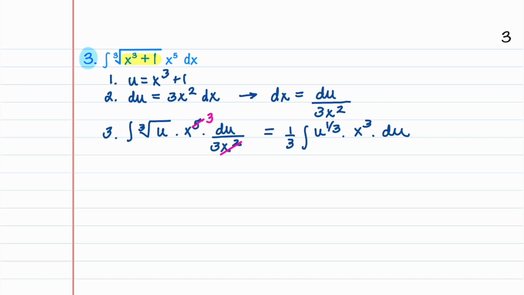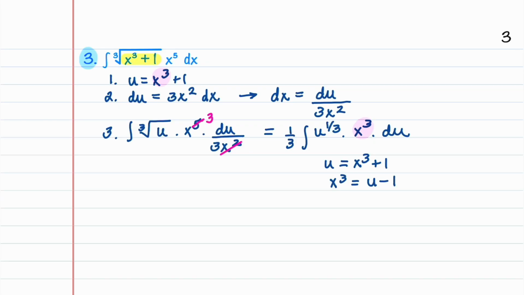Here's where back substitution comes in. Notice that our integral has an x cubed in it, but if we go back up to step 1, we can see that we can write x cubed in terms of u. We have u equal to x cubed plus 1, so x cubed is u minus 1.